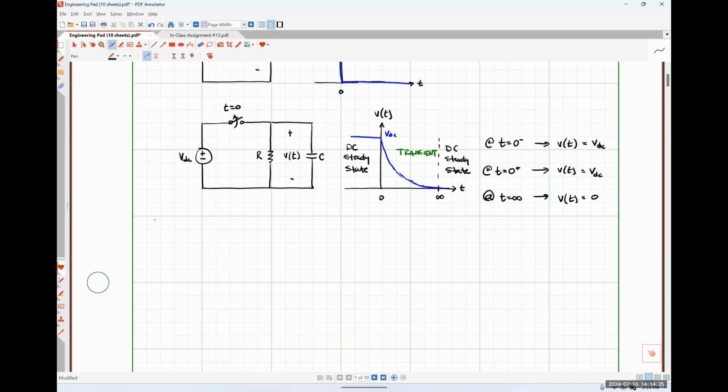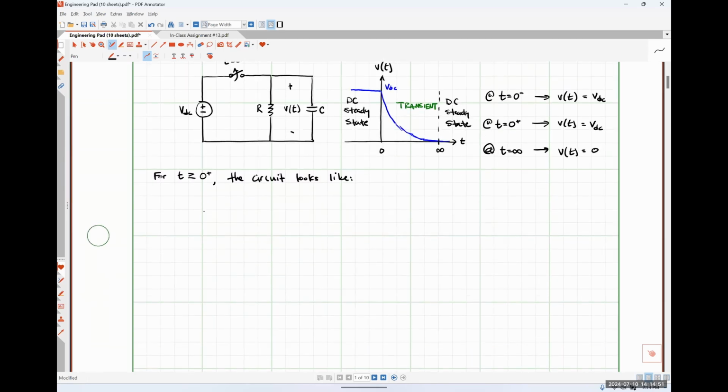Okay. So for t greater than 0 plus, which is all points in time during the transient condition, our circuit is going to look like this.